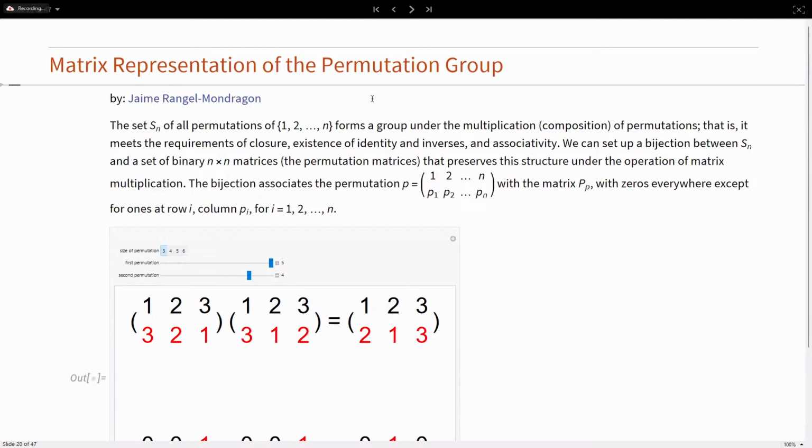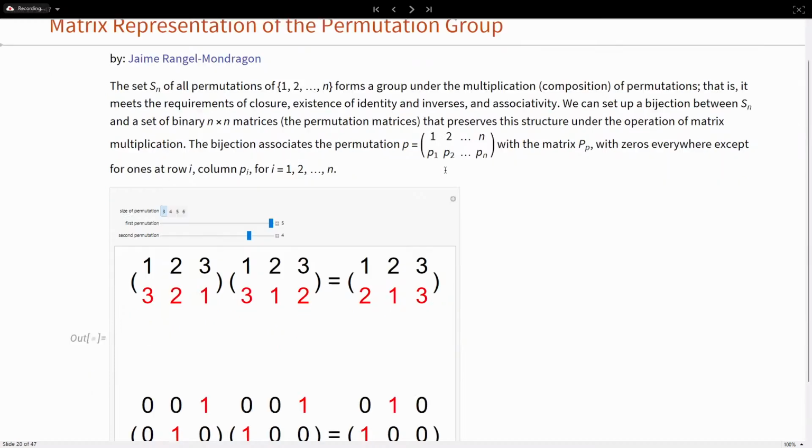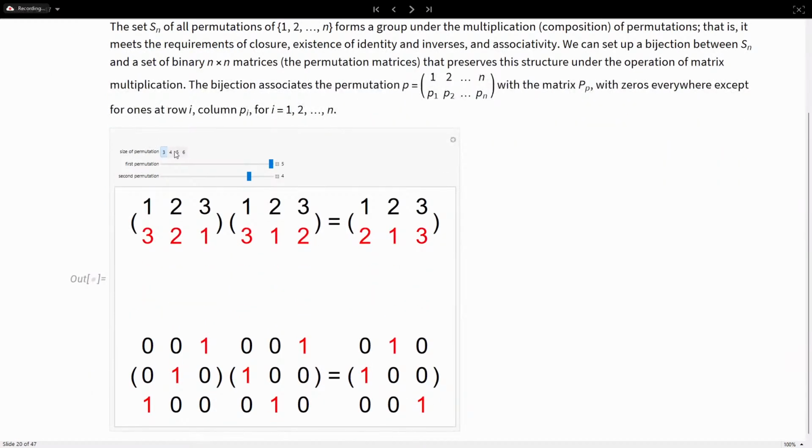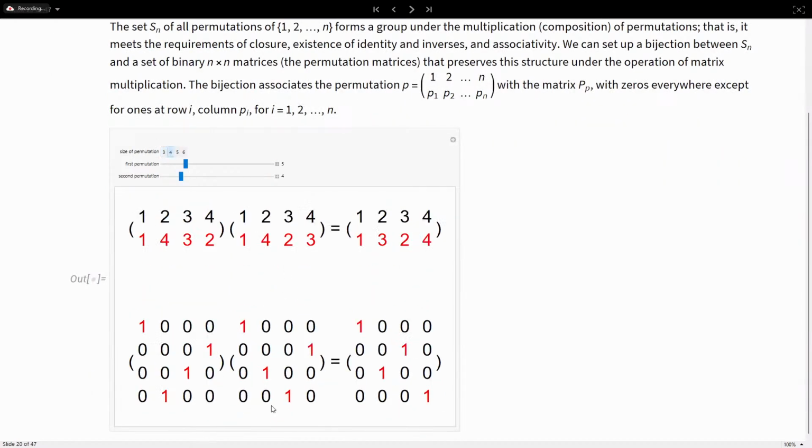So one type of matrix is the permutation matrix. Here are some examples of permutation matrices, which basically just move numbers around. If you have a starting vector, such as 1, 2, 3, 4, we can multiply it by this matrix, where we can represent this vector down here by this matrix, and when we multiply them together, we get a different permutation.